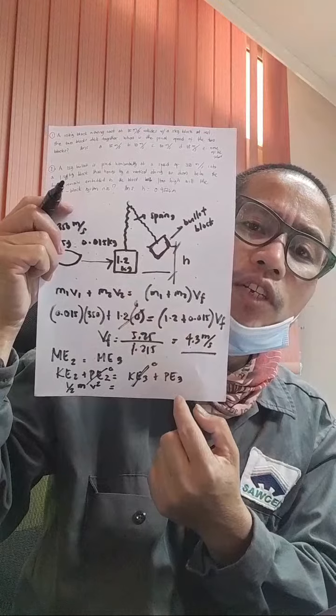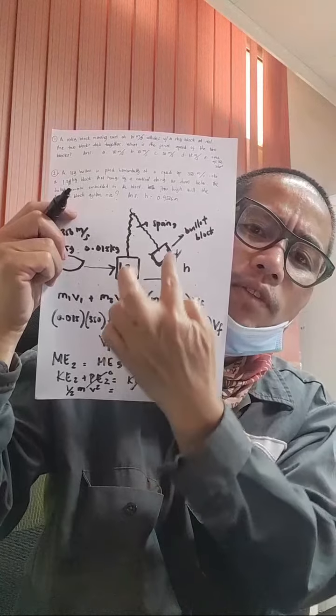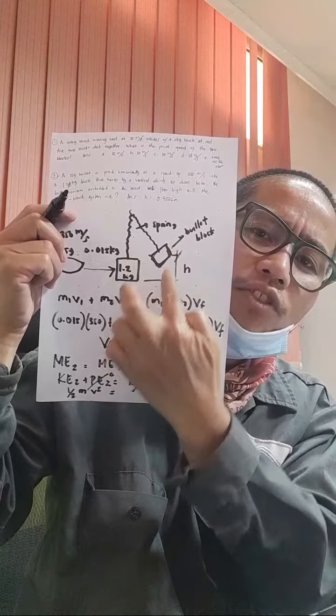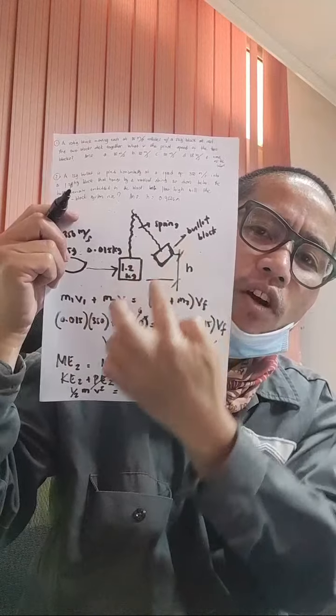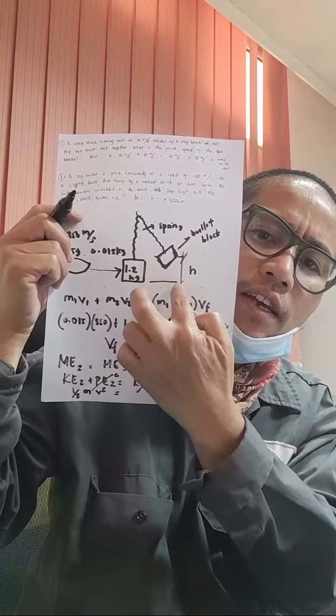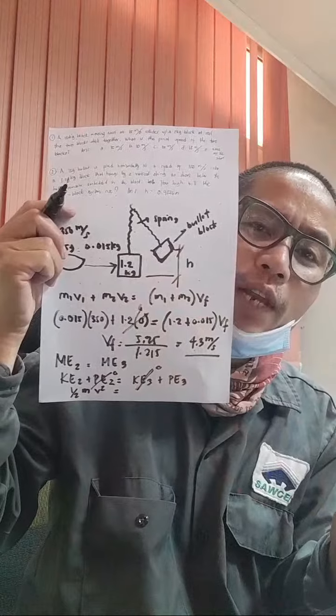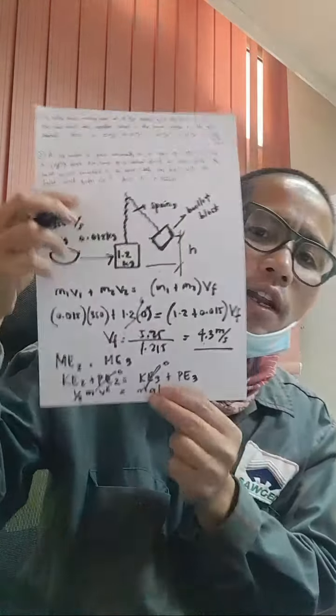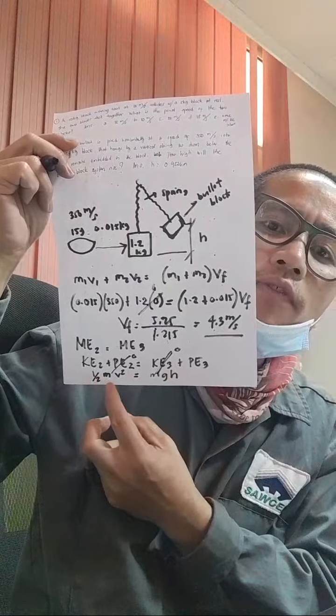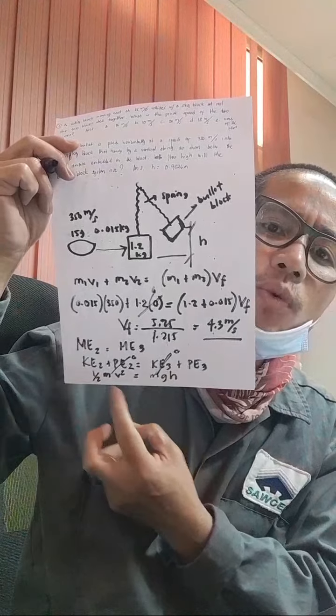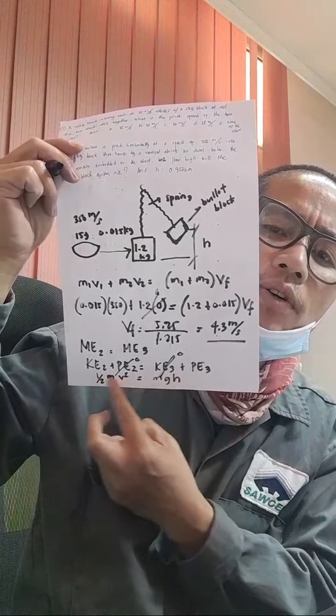Now the potential energy has a value because we now have the height change. It goes here and covers a height, a vertical distance. So we use the formula mgh. Now class, automatically 1/2 mv squared equals mgh. So what's common in this equation?